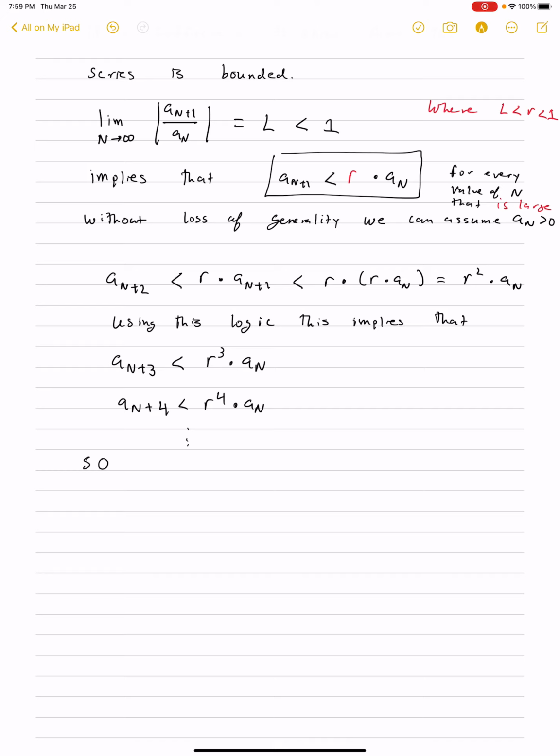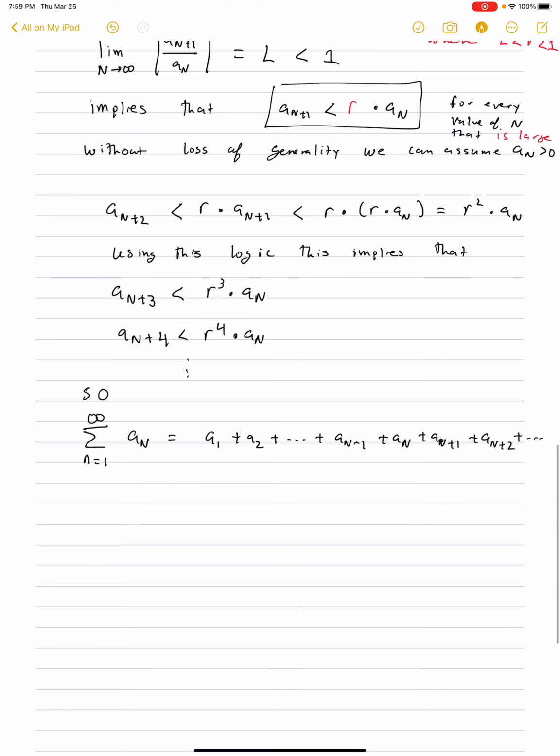So let's just put this together. If I have this series, this sum from n equals 1 to infinity of a sub n, just writing out the first few terms, I'll get a1 plus a2 plus a sub n minus 1 plus a sub n plus a sub n plus 1 plus a sub n plus 2, and so on. But this is less than or equal to a sub 1 plus through a sub n minus 1.